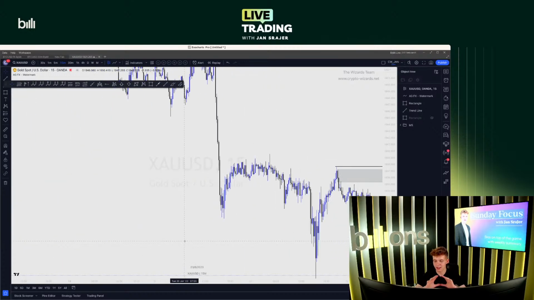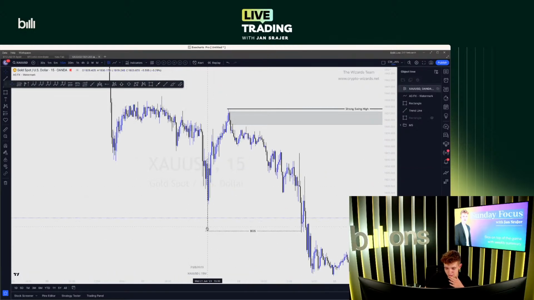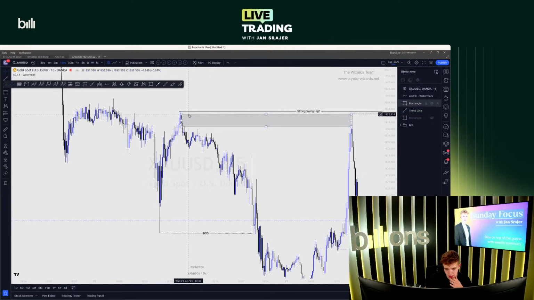Well, I'm going to very simply try to explain how you can find this in 1 minute. Obviously, this is a topic that I could be covering for hours and hours, but what I did is I simply tried to spot what level or what zone started this break of structure.